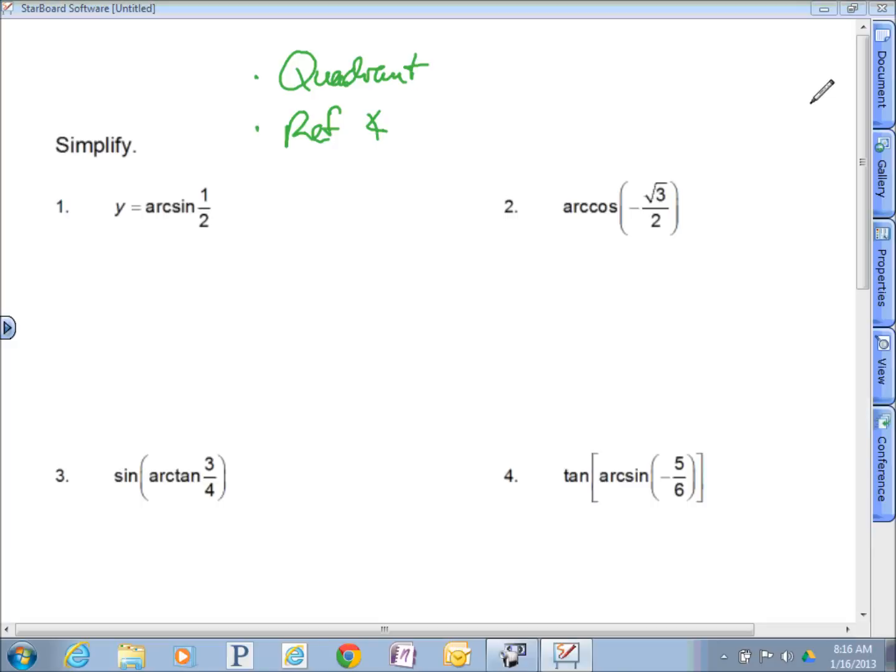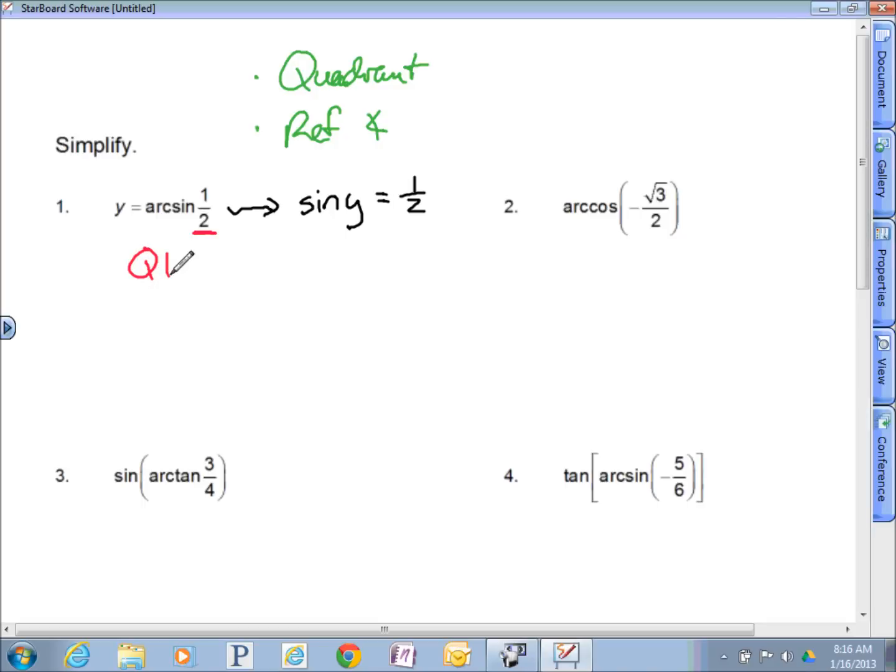So with that said, arc sine of 1/2. If we rewrite what we really want to know, this is asking us: the sine of what angle y is equal to 1/2? I have a positive value given to me right here. If I have a positive value, that means my answer is coming out of quadrant 1, because inverse sine of a positive value comes from quadrant number 1.